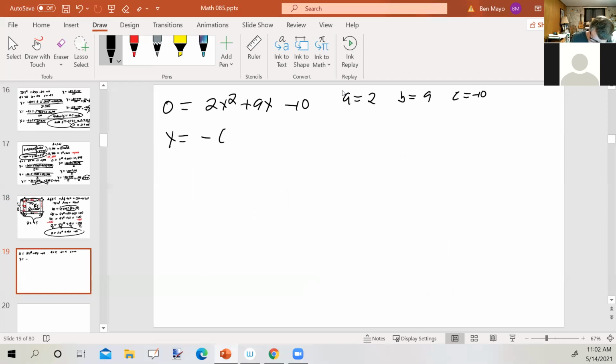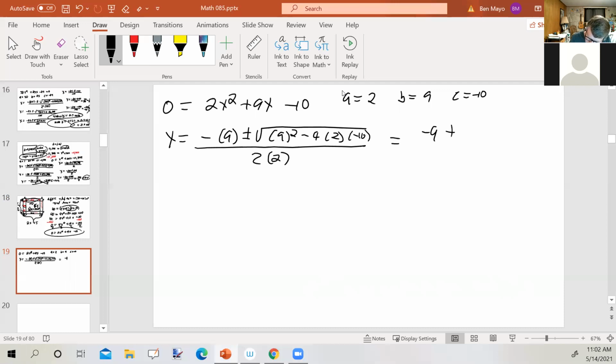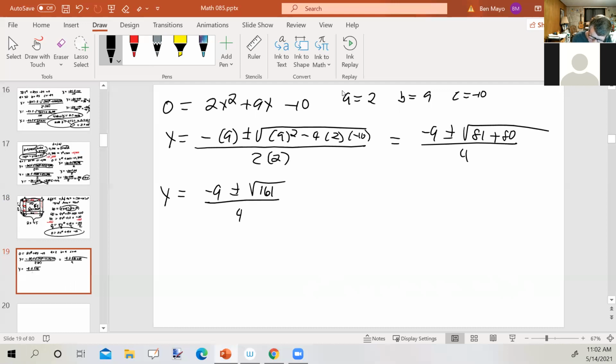X equals negative B plus or minus the square root of B squared minus 4AC all over 2A, which is negative 9 plus or minus the square root of 81 minus 4 times 2, which is 8, times negative 10 would be plus 80, all over 4. X equals negative 9 plus or minus the square root of 161 all over 4.